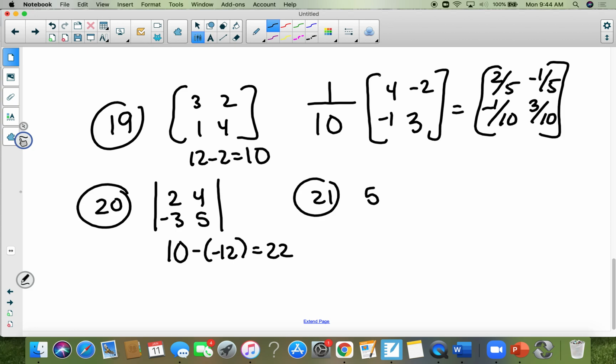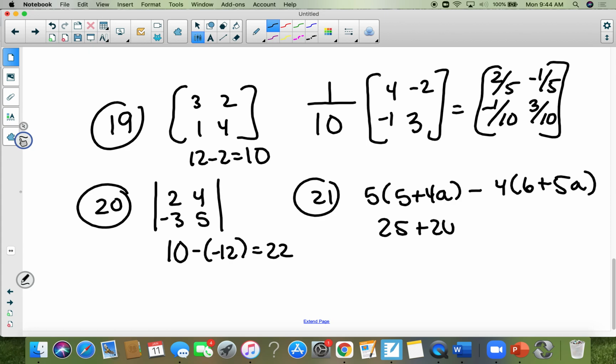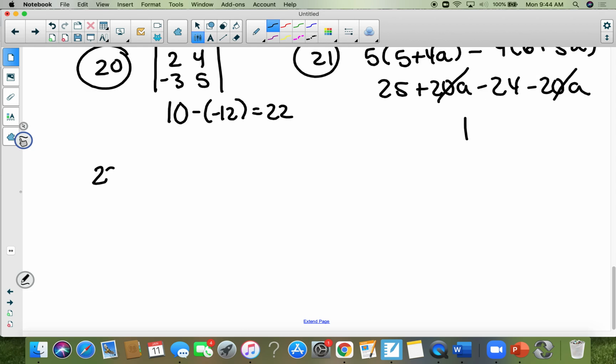Multiply 5 by 5 plus 4a minus 4 times 6 plus 5a. 25 plus 20a minus 24 minus 20a ends up equaling 1 because these two cancel out, the 21. And we're on the last couple of problems. Number 22, we'll quickly run through these.